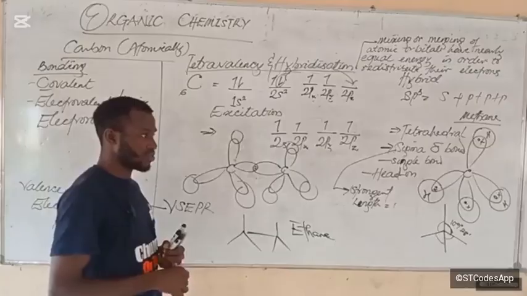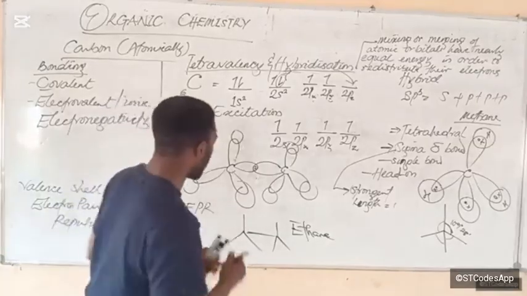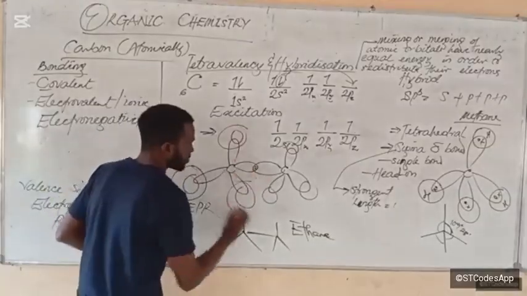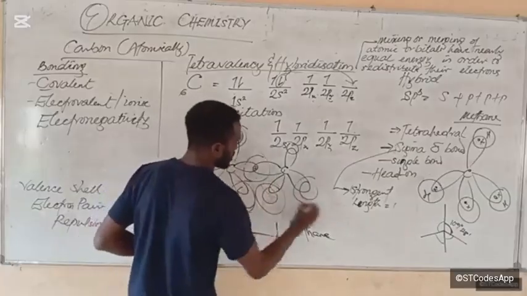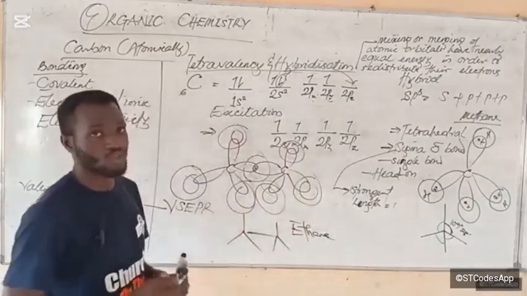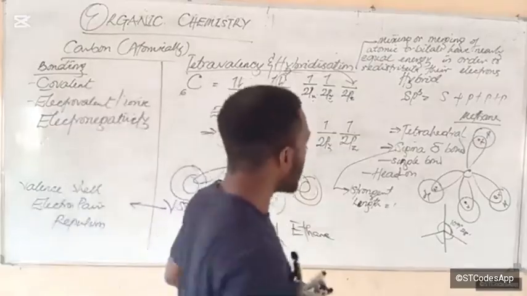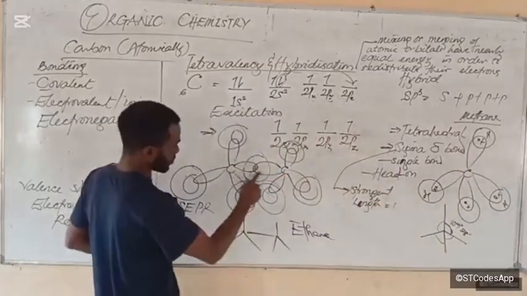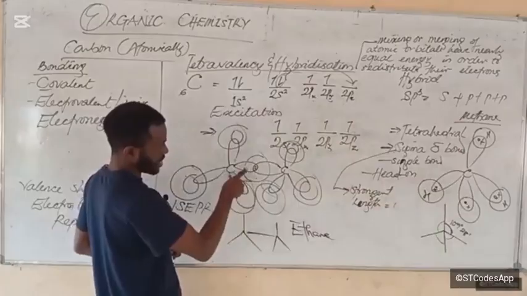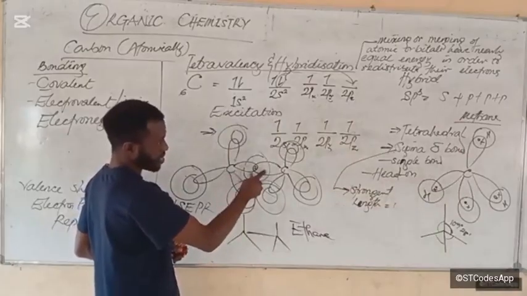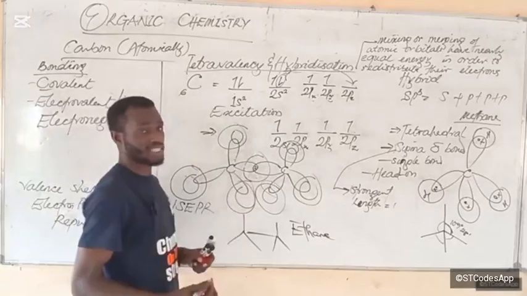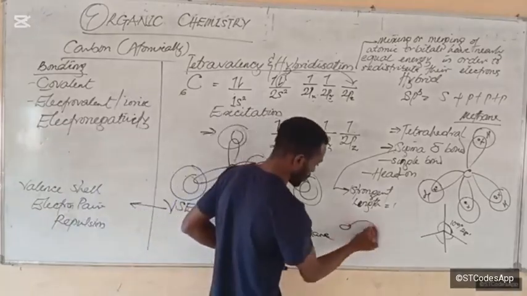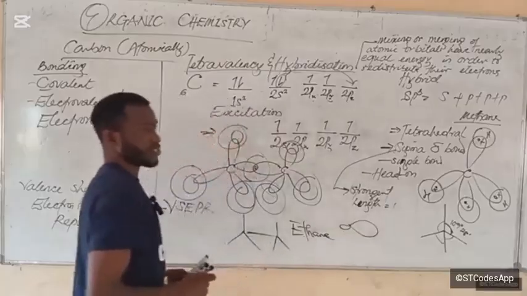All of these bonds that you're seeing here are all sp3 hybridized, and the s orbital here is going to be between s orbitals. You might think that they are different in geometry, but all of them are going to have that shape that I drew the other time.